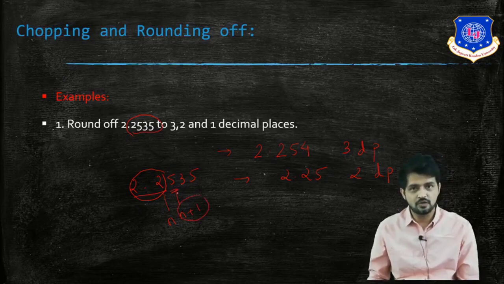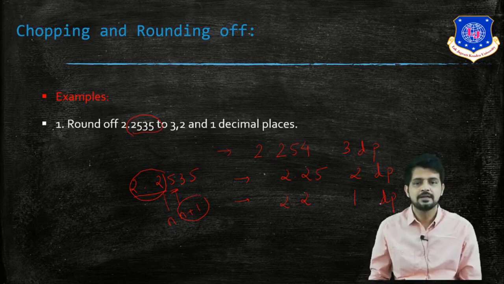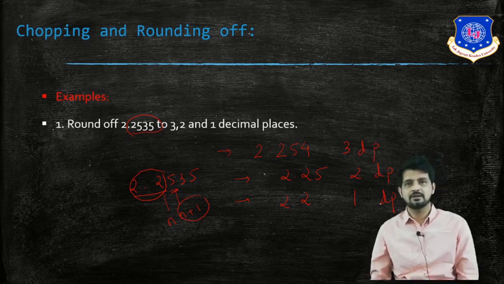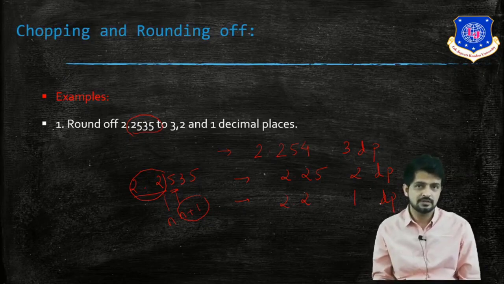On the basis of the n plus 1th digit, we can round up or round down. Fine. So this is again exactly equal to 5. So we have to write the nearest even number. So 2 is the nearest even number. So my answer will be 2.2 up to 1 decimal place. Fine. I hope it is clear to everyone. So in this way we can represent the number up to 3, 2 and 1 decimal places based on the n plus 1th digit.